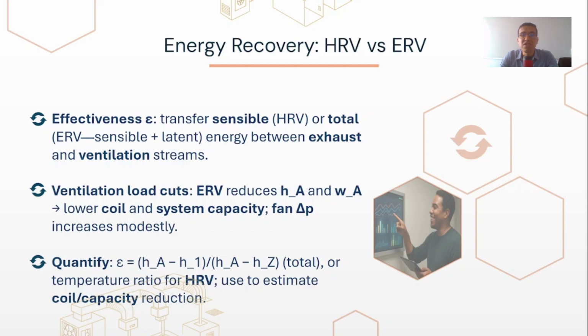For an HRV, you will use a similar expression based on temperature, so instead of enthalpies, you have temperatures. This is a relationship between the maximum energy that you can recover and the actual energy that you recover. By combining this with the ventilation load term from our energy balance, you can accurately estimate the reductions in the coil load and the overall system capacity.